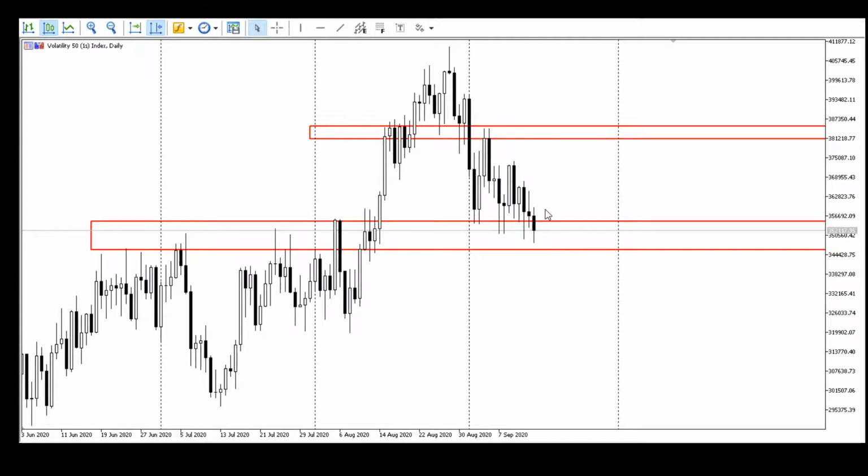So what next? There are two things here. If you didn't see any sign of confirmation for you to buy here, so automatically the market will continue to push down, like the setup for V75.